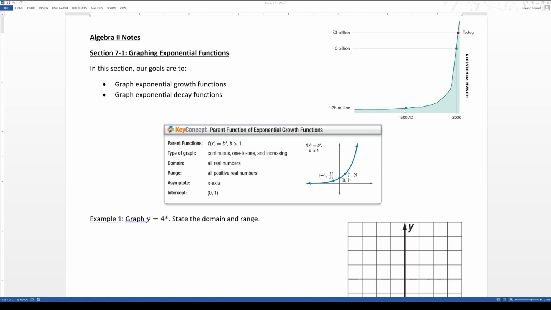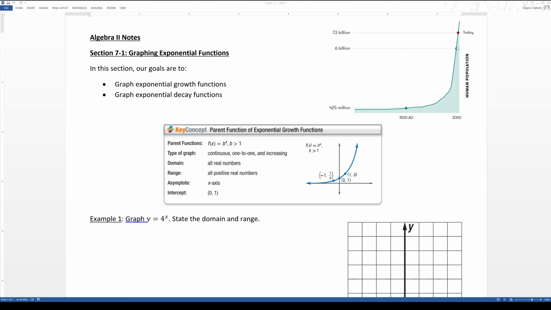And at 1500 AD, so about a little over 500 years ago, there were 425 million people on Earth. Which seems like a lot, except once you keep going from that point, you see that the population explodes as we get closer and closer to the year 2000. At that point, there were approximately 6 billion people on Earth.